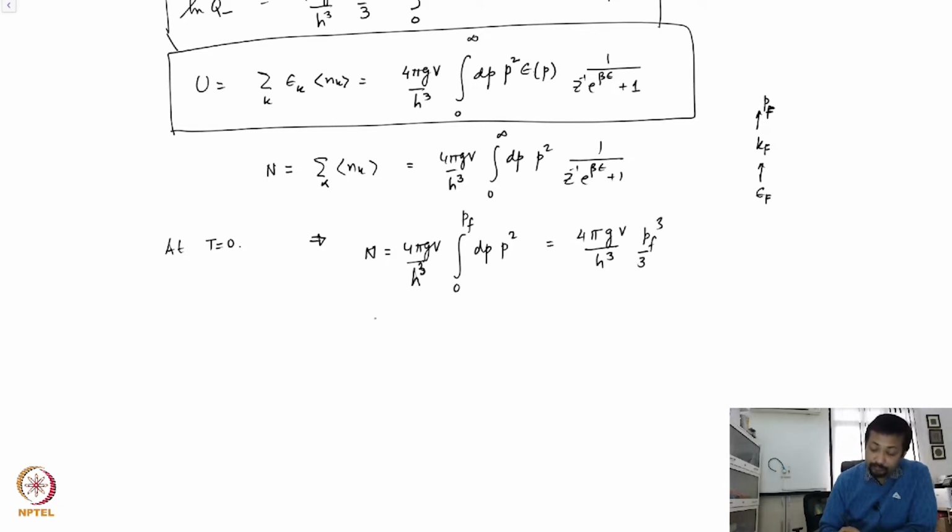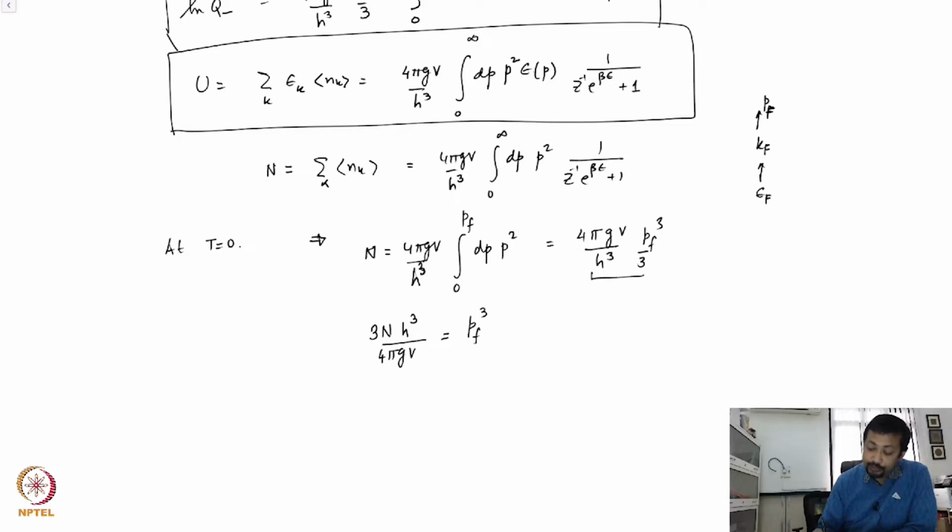So I have 3nh cube divided by 4 pi gv is going to be pf cube.